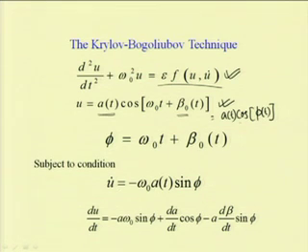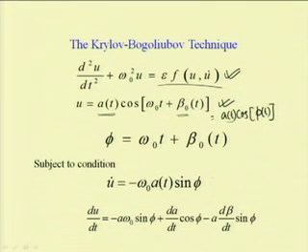If one differentiates this, it will be minus a t into omega sin phi t plus the differentiation of the a t term, but neglecting those things. So, u equals a t cos phi t subjected to the condition u dot equal to minus omega 0 a t sin phi.